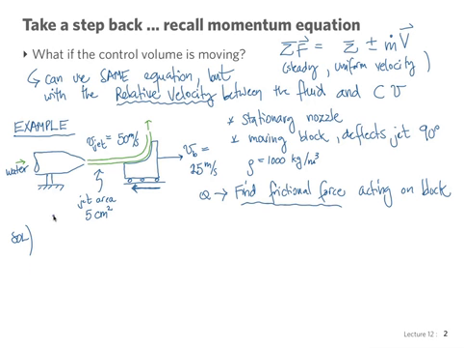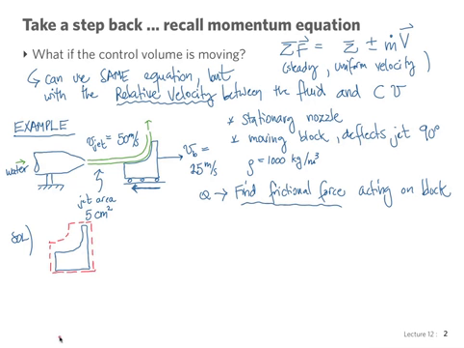So let's imagine now that we're looking only at that block which deflects the jet. And let's imagine that we're also going to draw a control volume which includes the water jet. So the water really only enters the control volume perpendicular to the control surfaces.